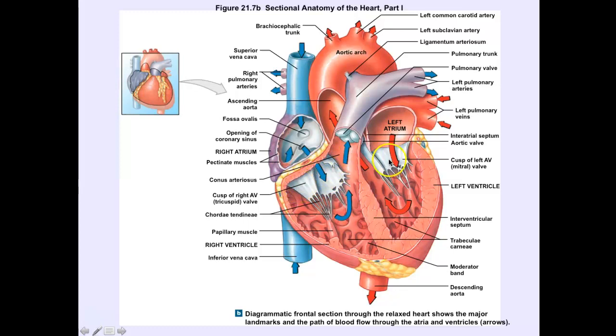You can see on the left side, we have a very similar valve, but it's called the bicuspid. It only has two cusps. Another word for it is mitral valve. Okay, so this valve actually has three names. It has the left atrioventricular valve, or you can call it the mitral valve, or you can call it bicuspid valve. I like tricuspid and bicuspid just because it tells me this has three cusps, this has two cusps.